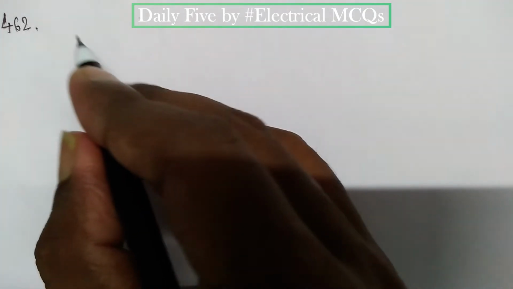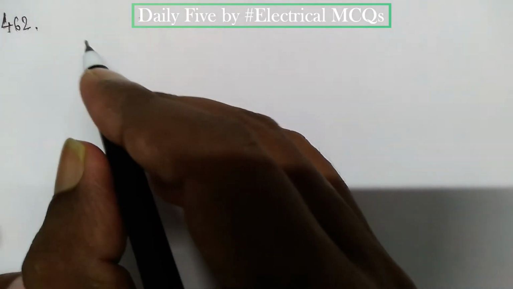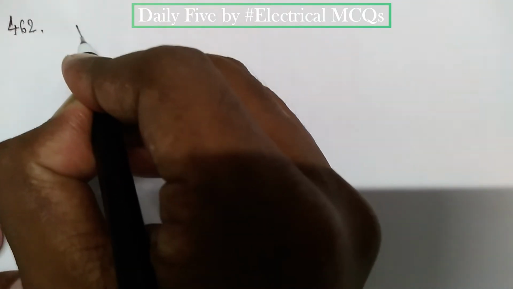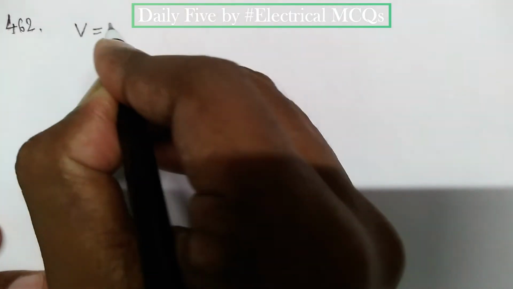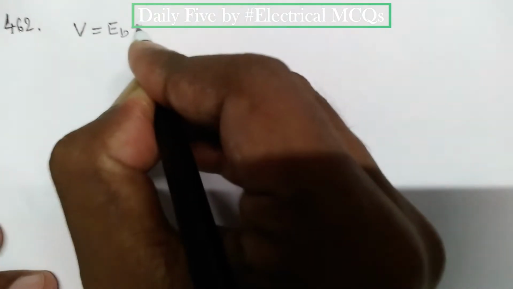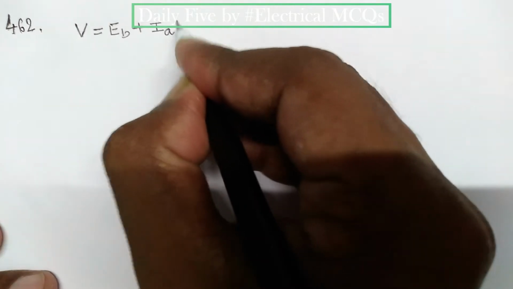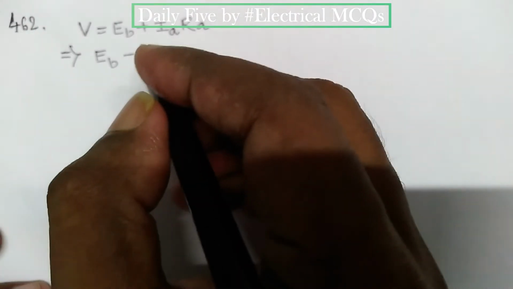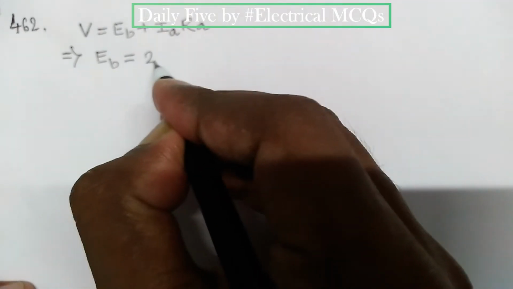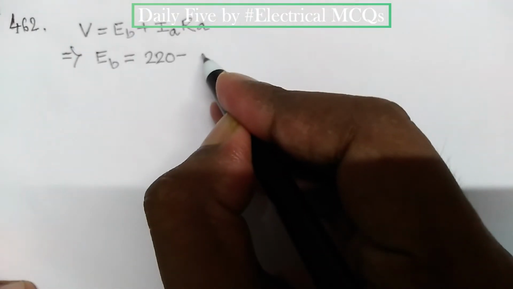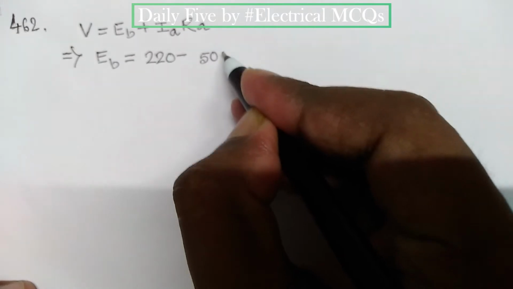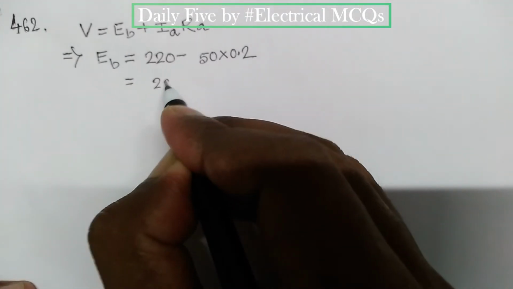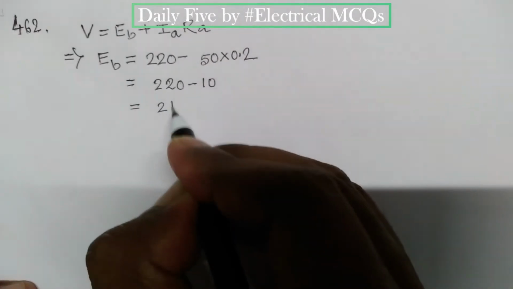Okay, so what do we have to do? First, from the basic equation of a motor, the input voltage V is equal to back EMF Eb plus armature resistance drop. So from this we can calculate Eb. This Eb is equal to V, that is the input voltage 220, minus the armature current 50 into armature resistance 0.2. This will be equal to 210.